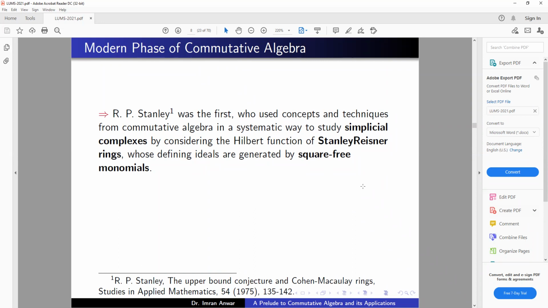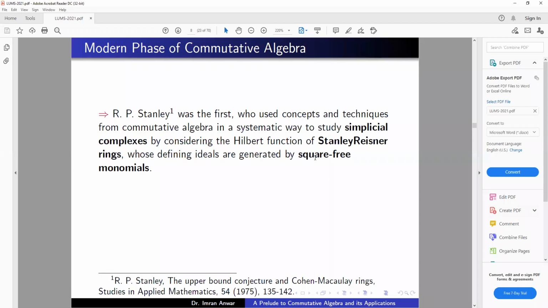It is used in topology for finding the homologies and classification, the Betti numbers of topological spaces. But this was the first time that an algebra associated to simplicial complexes arose, in the paper of R.P. Stanley, which is listed at the bottom.